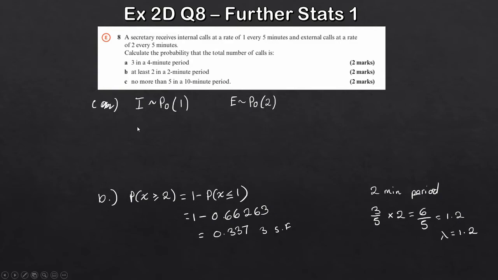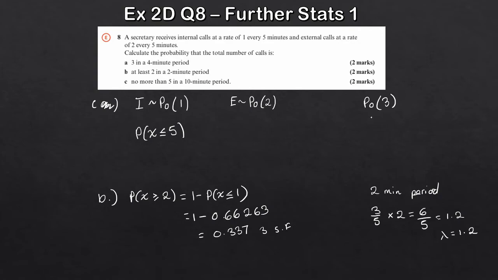So no more than 5, so that is the same as doing the probability that X is less than or equal to 5. So it can be 5, but no more than 5. And it's in a 10-minute period. Well, we know that the combined value for every 5 minutes was a Poisson distribution with a mean of 3.